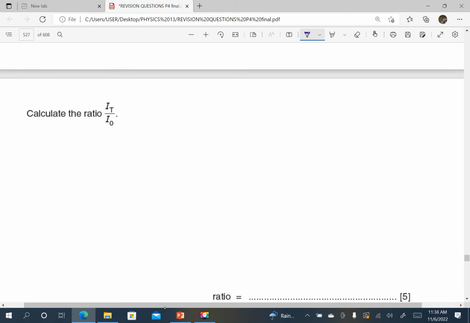Im is equal to I naught e power negative mu x, which is I naught e power negative 23 times the thickness of muscle, 3.4 times 10 power negative 2. So the intensity transmitted through muscle in one direction is going to be 0.4567 I naught from my calculator here.